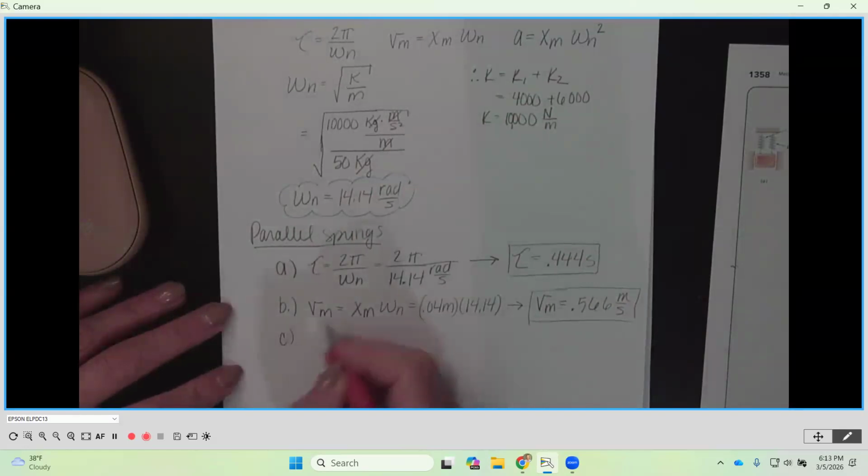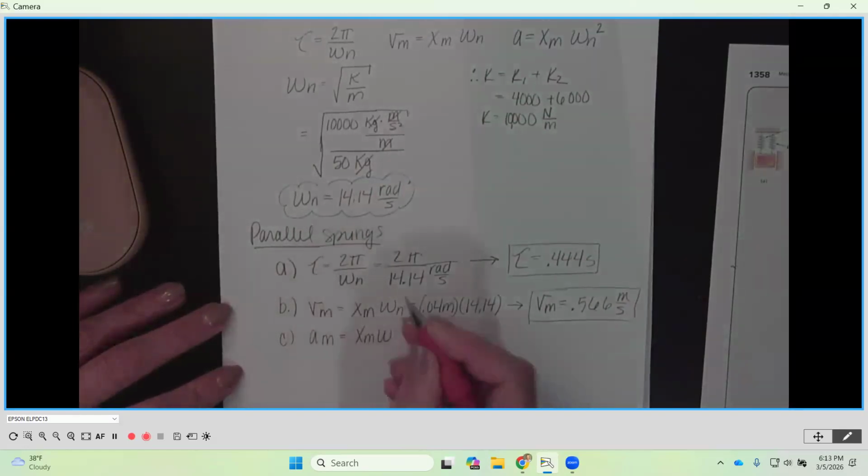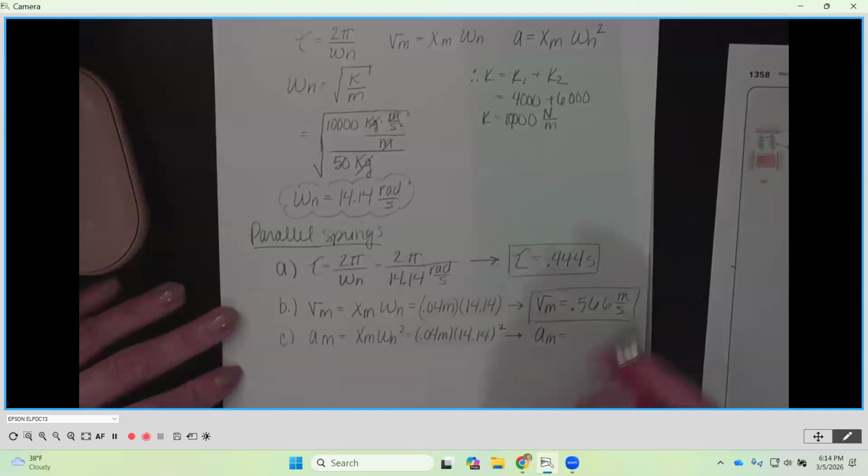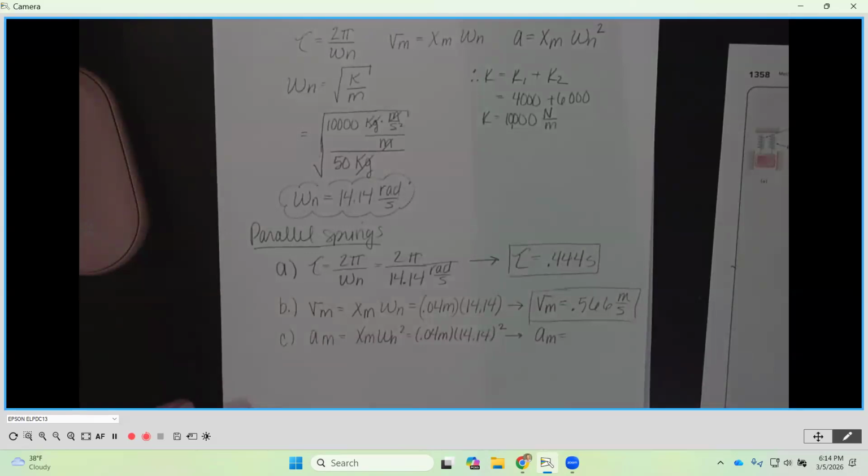And then C is going to be our maximum acceleration. That's going to be our amplitude times our natural circular frequency squared. So this is going to be 0.04 again, times 14.14, and we're going to square that value. So max acceleration, what do we get?